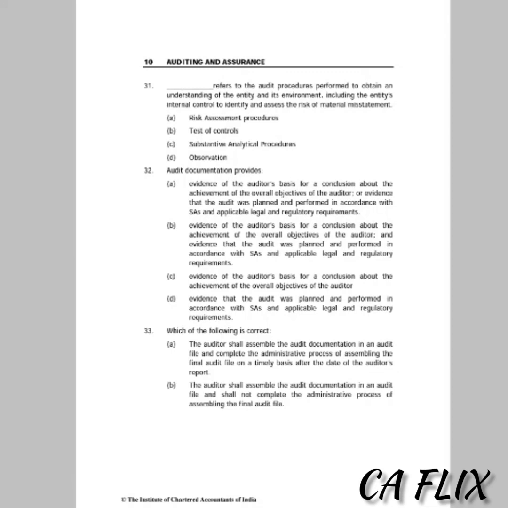Option B, evidence of the auditor's basis for a conclusion about the achievement of the overall objectives of the auditor and evidence that the audit was planned and performed in accordance with SAs and applicable legal and regulatory requirements. Option C, evidence of the auditor's basis for the conclusion about the achievement of the overall objectives of the auditor. Option D, evidence that the audit was planned and performed in accordance with SAs and applicable legal and regulatory requirements.